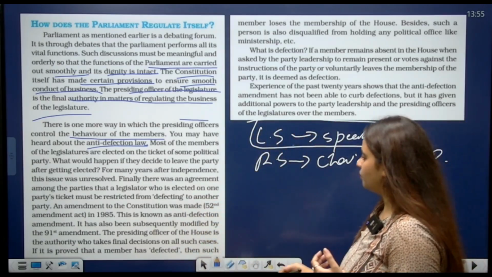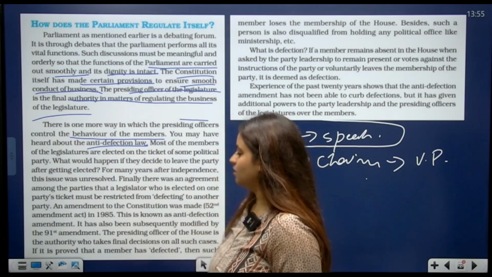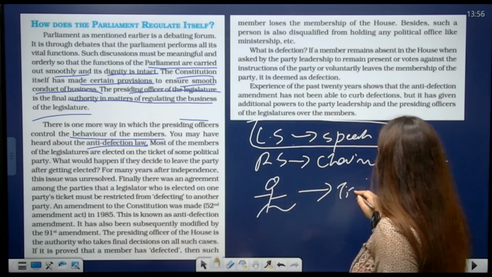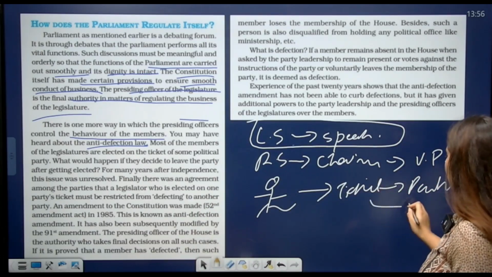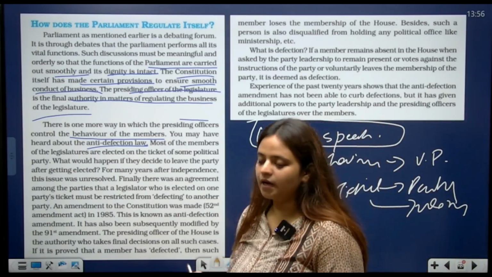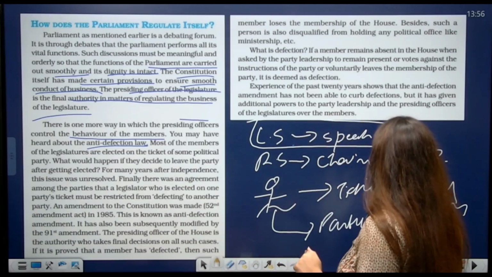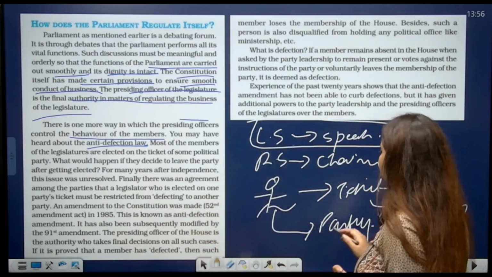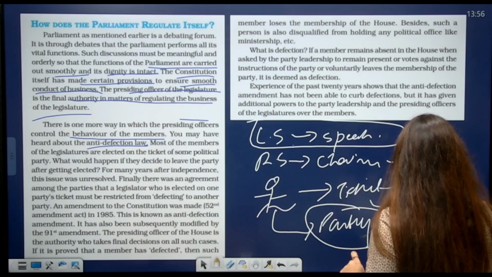For example, a person has got a ticket from one party and has won the election, and then after coming into the house, he changes the party. This is called defection.